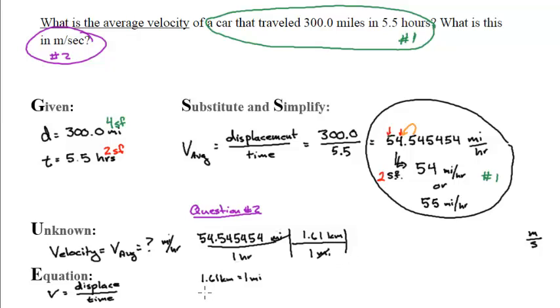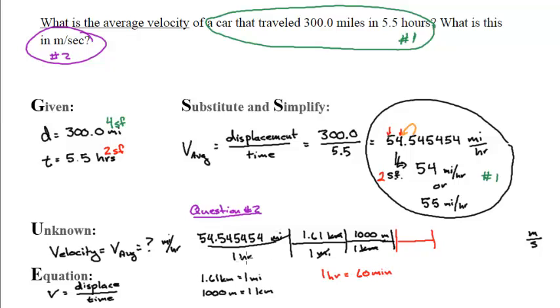leaving me in kilometers. But I also know that 1,000 meters equals 1 kilometer. This is from my blue card if I don't remember. And so I'm going to put 1 kilometer equals 1,000 meters. And now the units are in meters like I need. Next, I'm going to do a second kind of dimensional analysis problem, except I'm going to convert hours. I know that 1 hour equals 60 minutes.